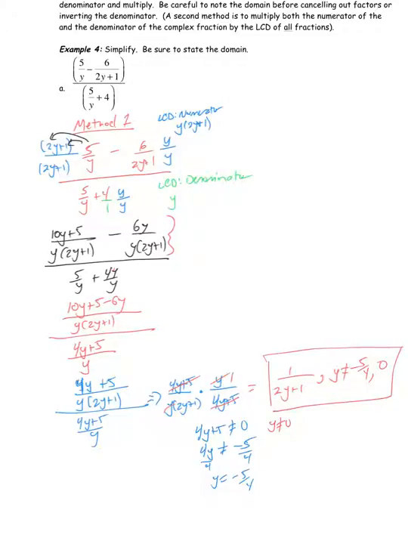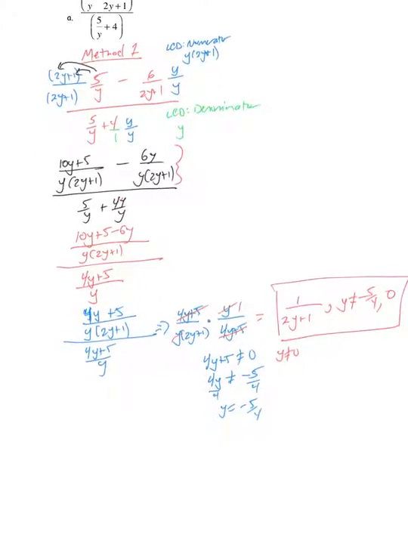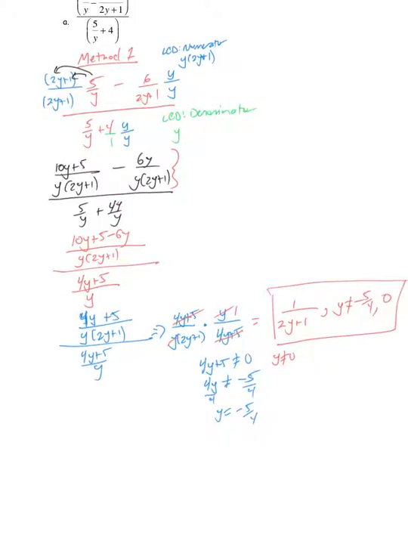But we're also asked to state the domain. Okay, so for the domain, we need to list any value that was excluded from the original expression. So let me get the right pen.